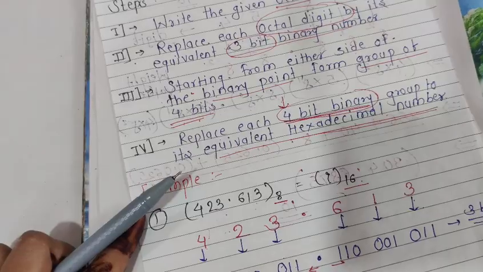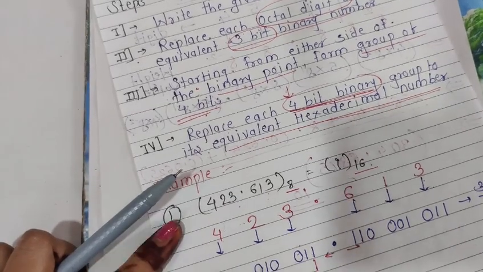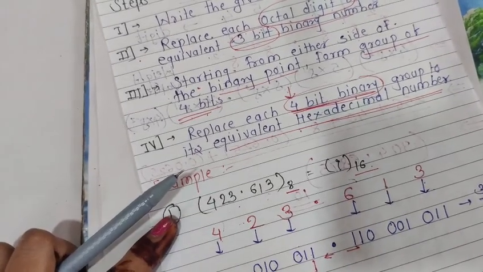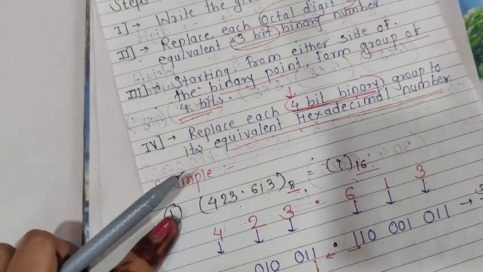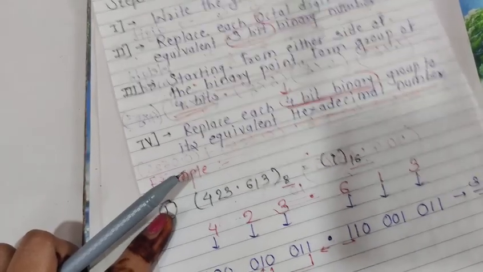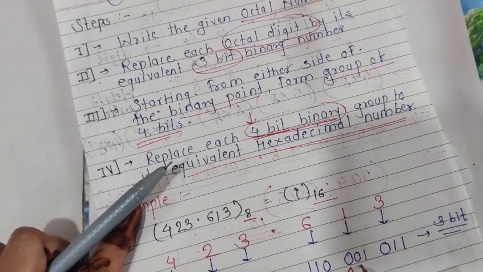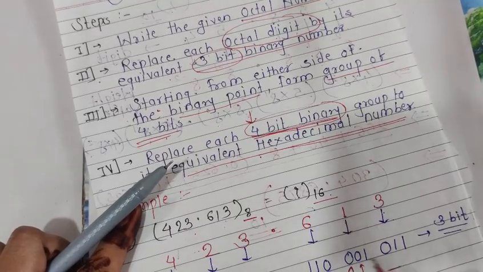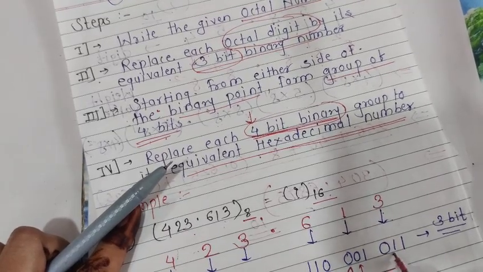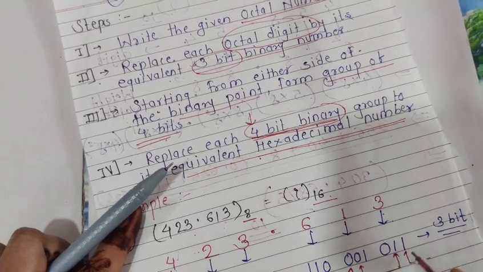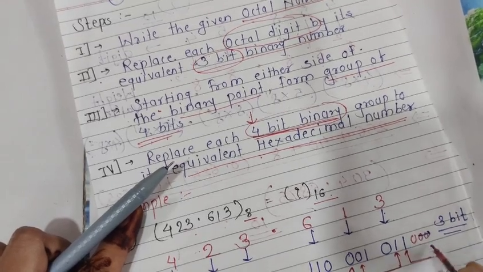For the next group we take the 0, with the 3. After the point, this is our first group, this is our second group of 1 2 3 4, and for this, 1 2 3, this is our third group.